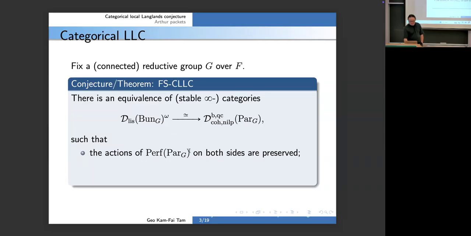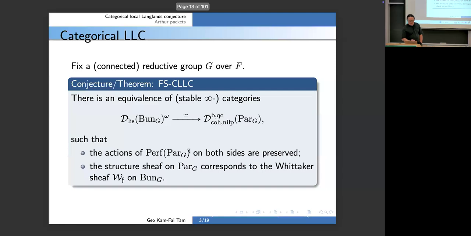Another property is that the structure sheaf on the Par_G side corresponds to the Whittaker sheaf on the Bun_G side. This Whittaker sheaf is like the Whittaker model. I should say for this, you can assume G to be an extended pure inner form of a quasi-split group.